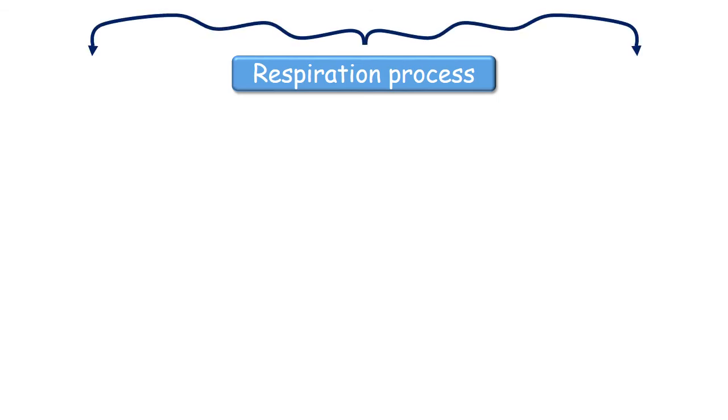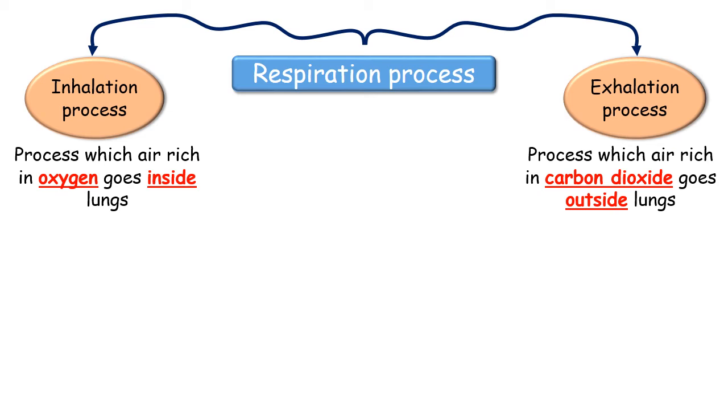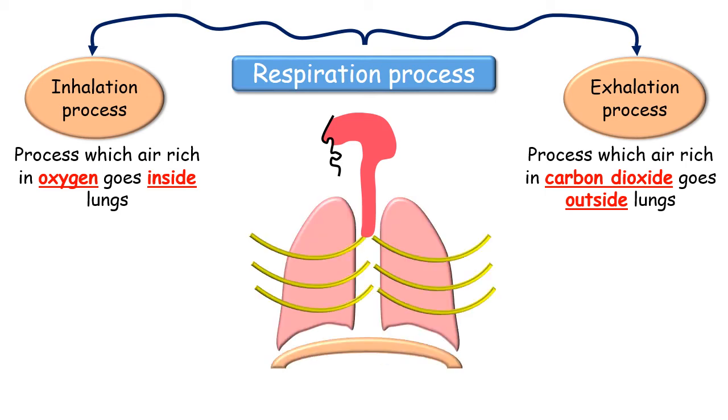The respiration process consists of two processes: inhalation and exhalation. Inhalation, oxygen goes inside the lungs. Exhalation, carbon dioxide goes outside the lungs. The respiratory system consists of nose, trachea, and two lungs that are surrounded by ribs, and has a diaphragm.